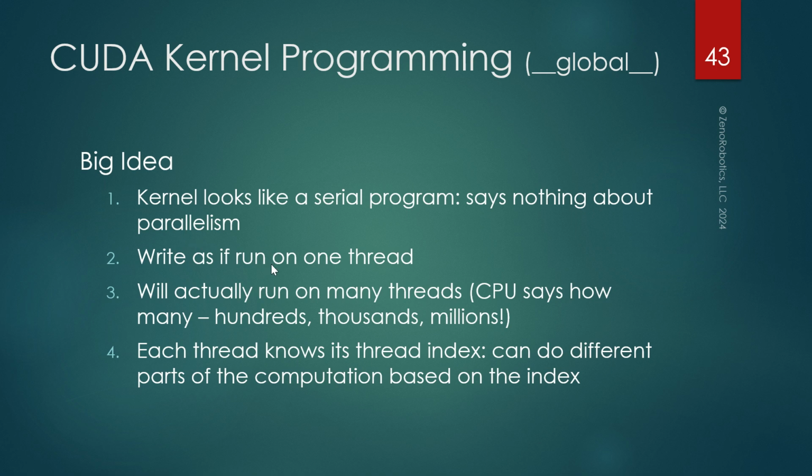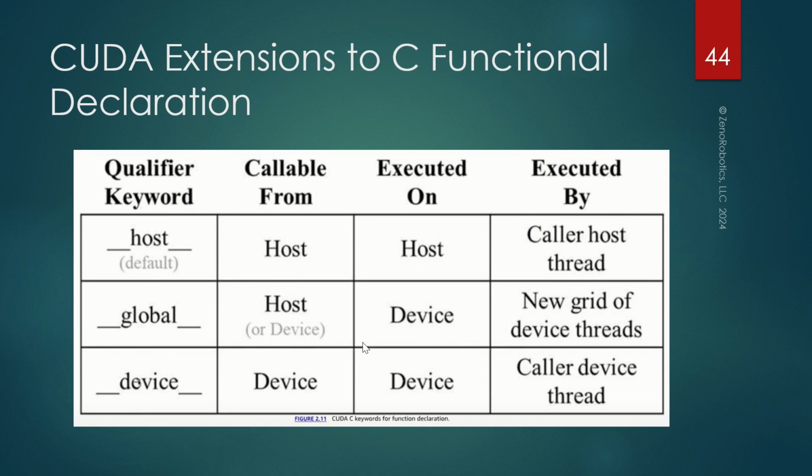So you write it as if it was one thread, usually, but it actually will run on many threads. And so it's all based on this indexing. And the index is an index of, say, an array. So A sub i, A0, A1, A2, that index. And so these are a bunch of extensions that are added to C.